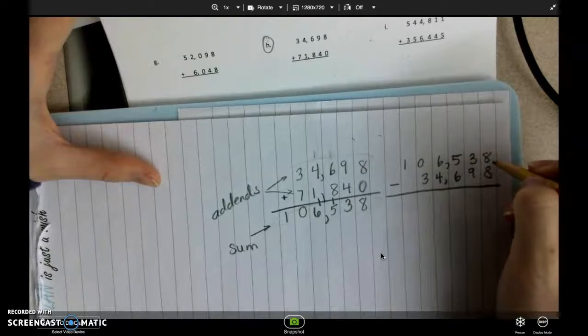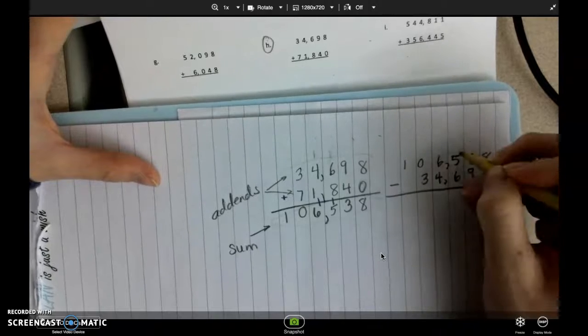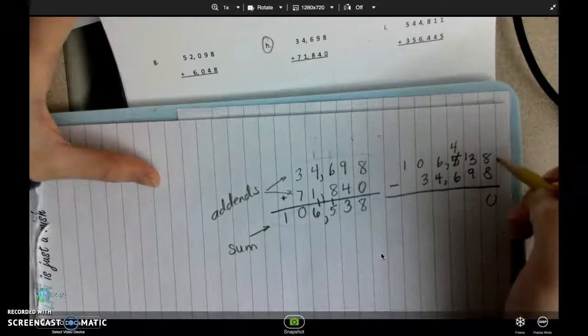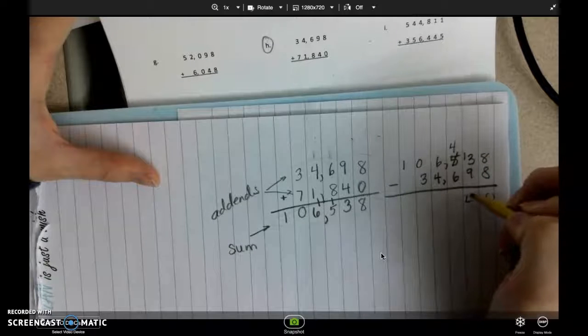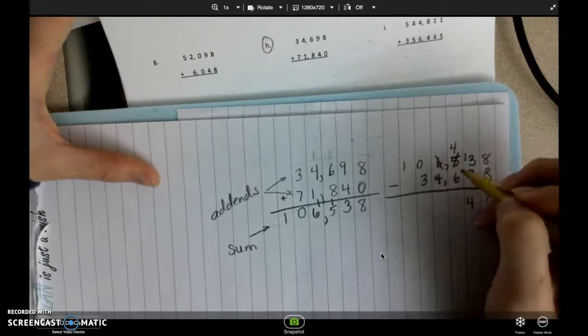So let's see. 8 minus 8 is 0. 3 minus 9, well, I can't do that. I have to decompose this 5 and regroup. 13 minus 9 is 4. 4 minus 6, I can't do that because 4 is less than 6.